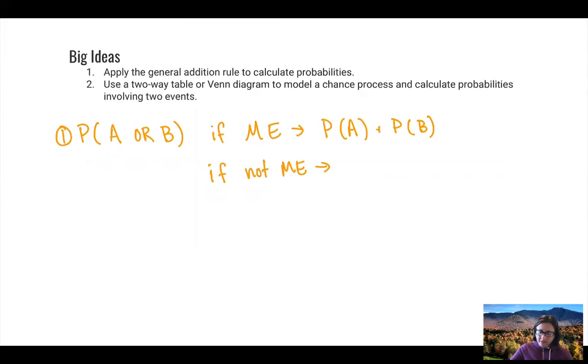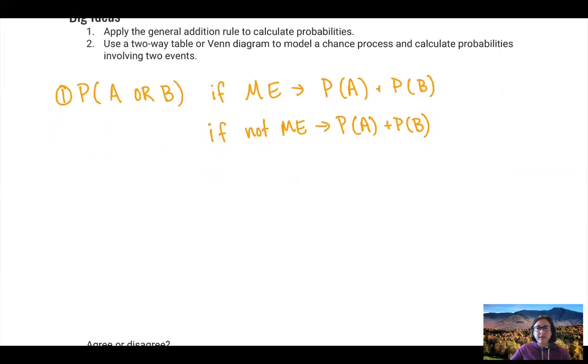So what I would have to do here is say, well, it's the probability of A plus the probability of B, but I've got to subtract that extra overlap that I've added in twice. So I'd have to subtract off the probability of A and B.